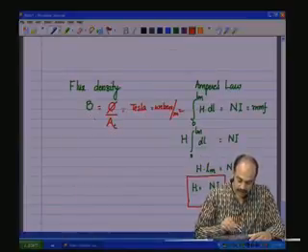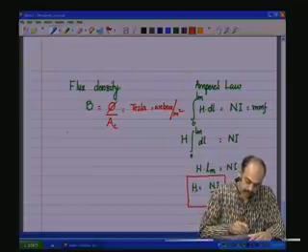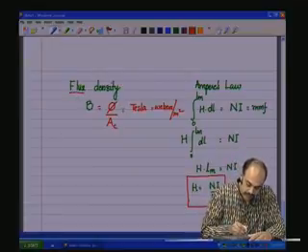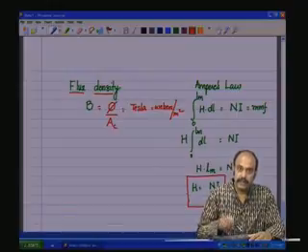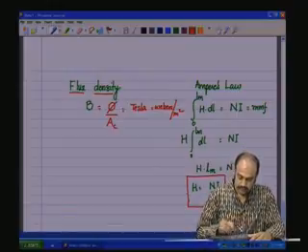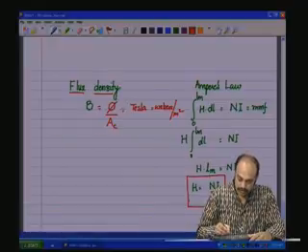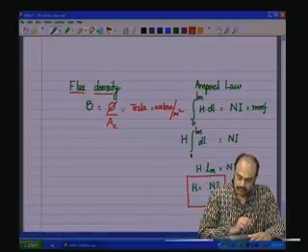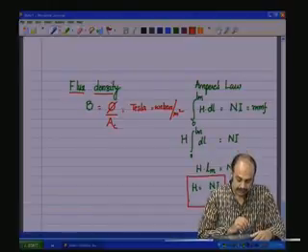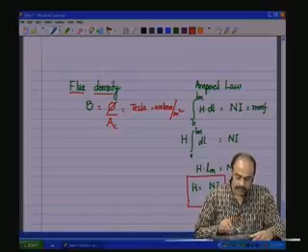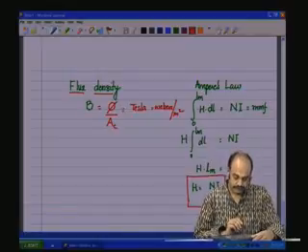So B and H. B is the flux density, H is the field intensity, which is basically the motive force for generating the flow of flux. How are these two related?